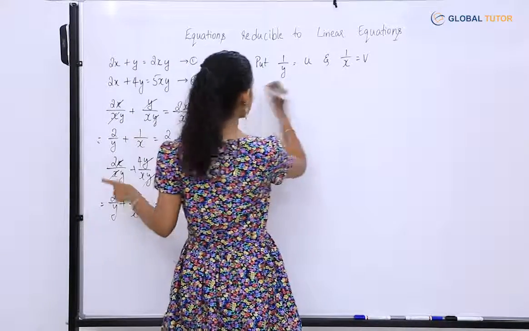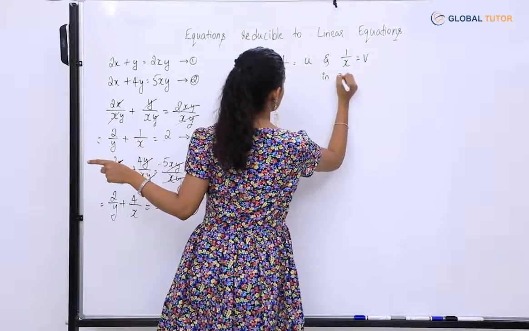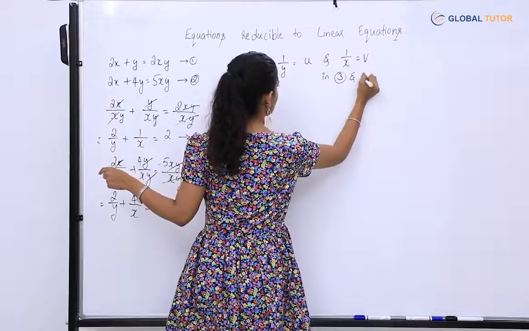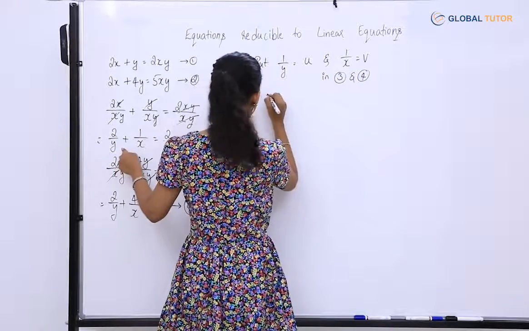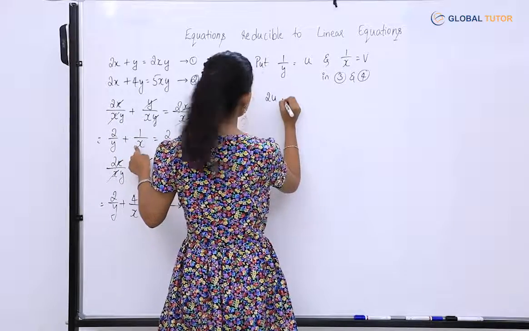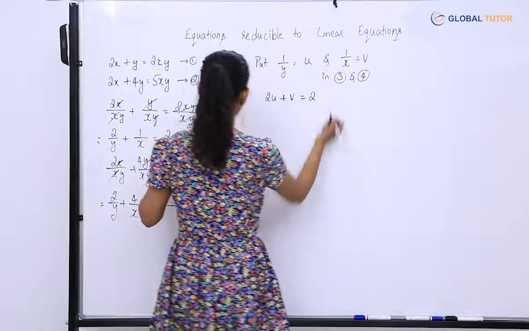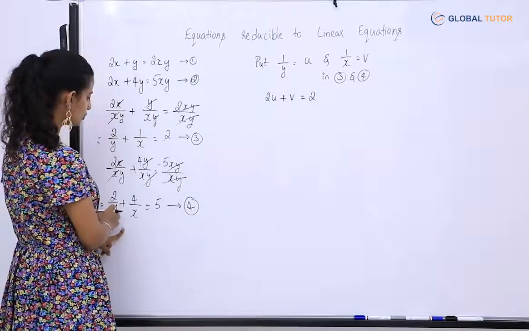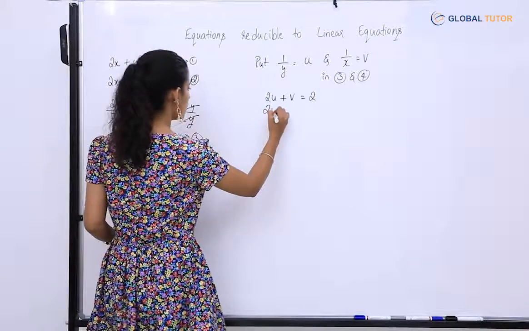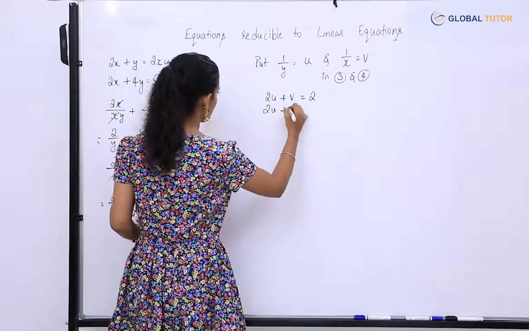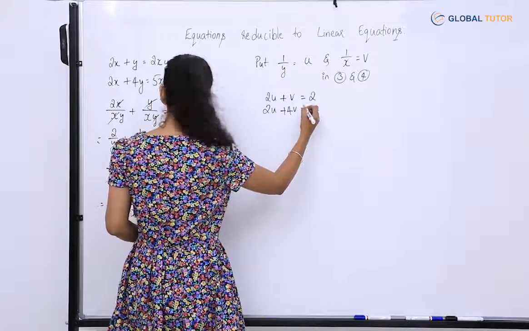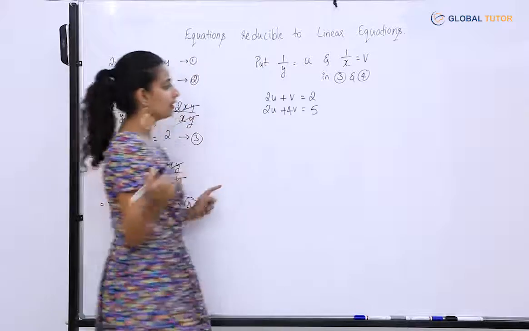So this becomes 2u plus v is equal to 2, and here this is 2u plus 4v is equal to 5.